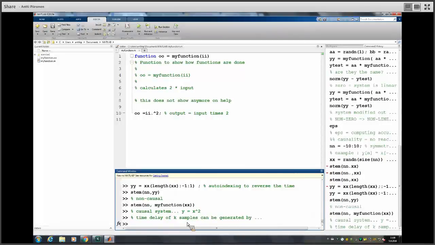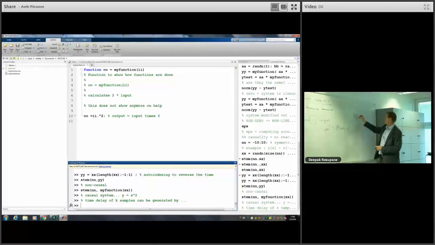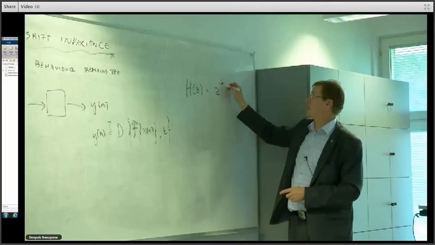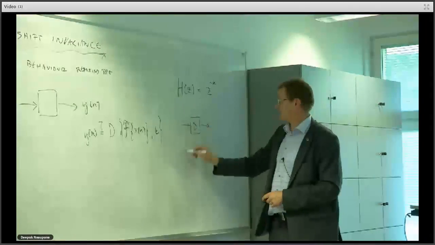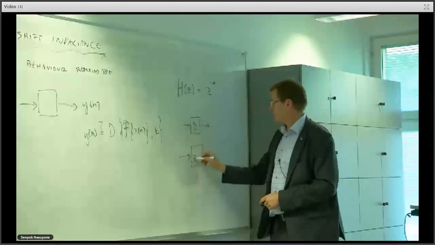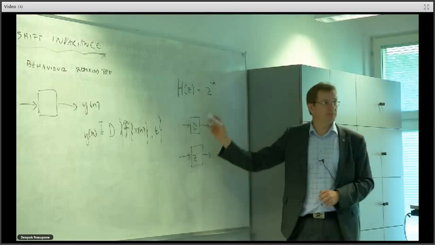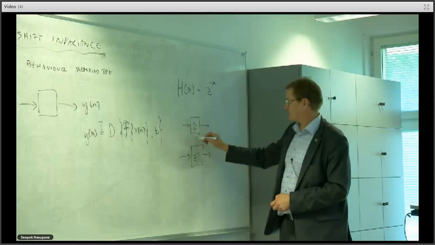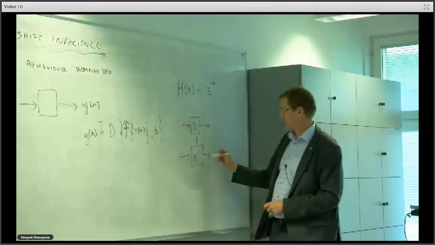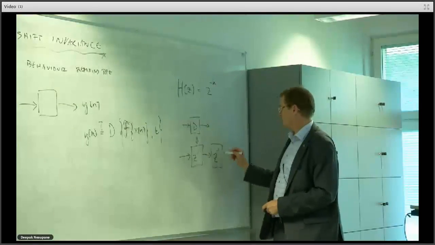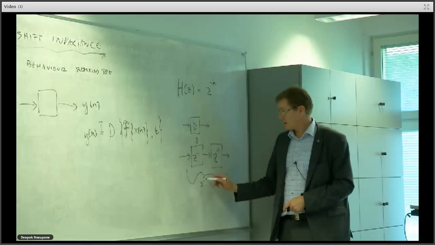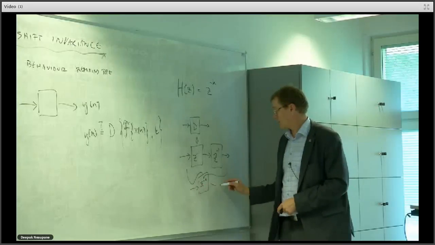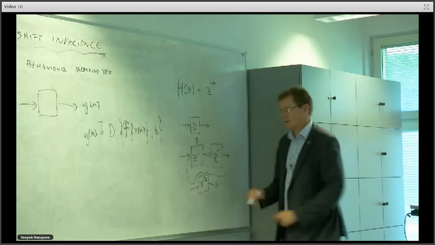Fundamentally, it's just a system with transfer function H of z equals z to the minus k. If you think of this in a block diagram, it is just a different implementation of system delays, and if you have several of those, for example, here you have a time delay of 2, which is the same as two systems with a time delay of 1 together.